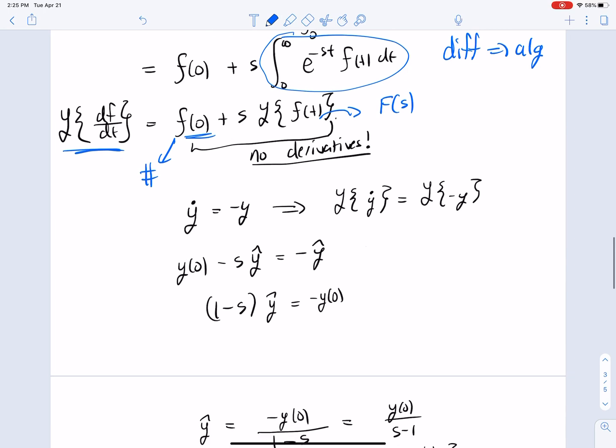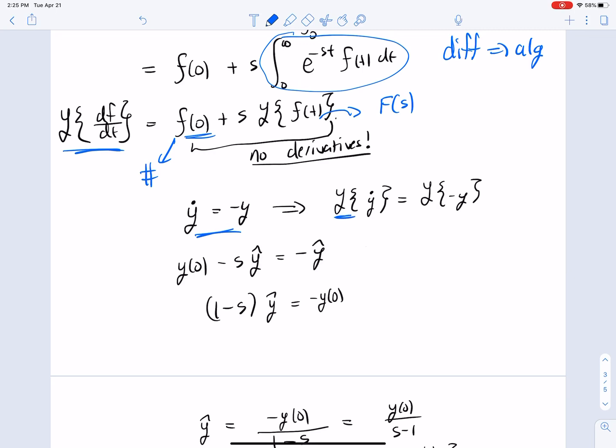So a quick example of this. I think that we started the class with this ODE. y prime is negative y. All right, so we already know that this is going to be an exponential decay differential equation. But let's see how we could solve this using the Laplace transform.